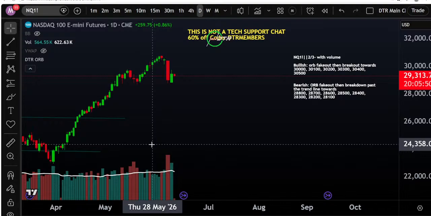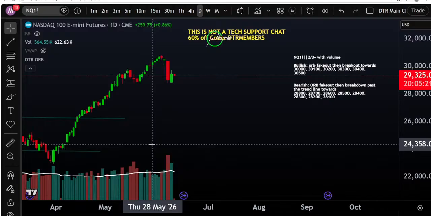So yes, I always look for a pullback prior to entering for two reasons. One, I want asymmetric risk reward upside in my decisions. If I entered my trades the second the next candle opened, it would be really hard for me to define my risk, or my stop loss would have to be pretty far away from my entry, and I would end up taking losses larger than I'd like.